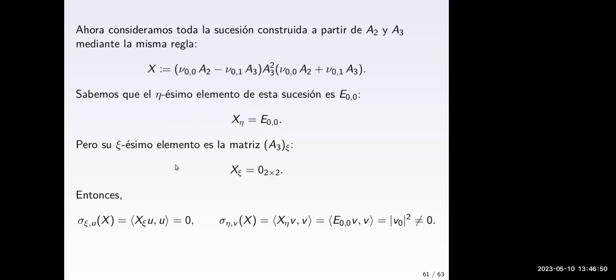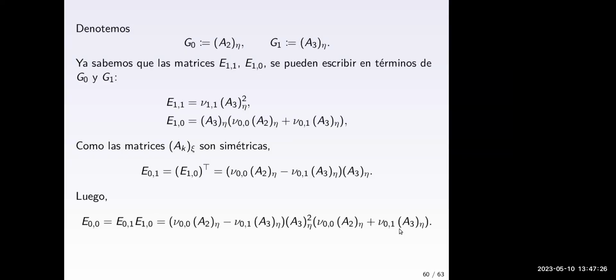So in general, for different frequencies, we have that the pure state sigma c of x is 0, but sigma eta is not 0, because again we have this expression for the pure state. Here we have this E00 matrix is the basic matrix, and we just have B00 squared.